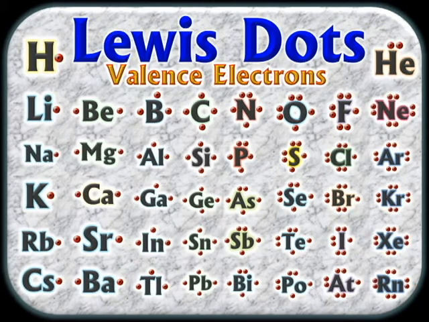Remember that some elements are so far away from having an octet. If you only have one valence electron, Lewis dots, remember, are the valence electrons. All the ones on the left side of this diagram have too few valence electrons to ever gain enough electrons to get an octet. We just really don't see that happening.